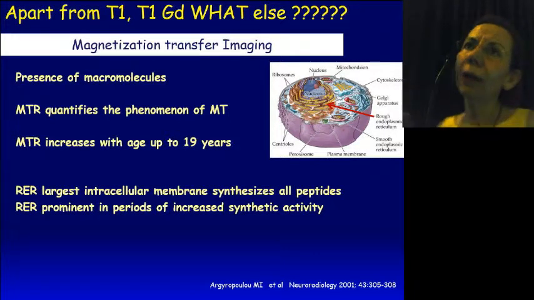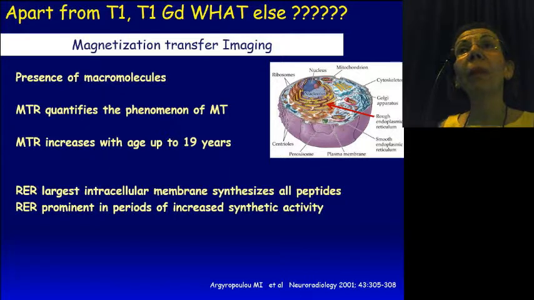So in the pituitary gland, the idea was to detect the hormonal secretory activity. And at the very beginning, we were thinking that the structures that may affect the signal intensity on magnetization transfer imaging were the hormones. But this is not true.